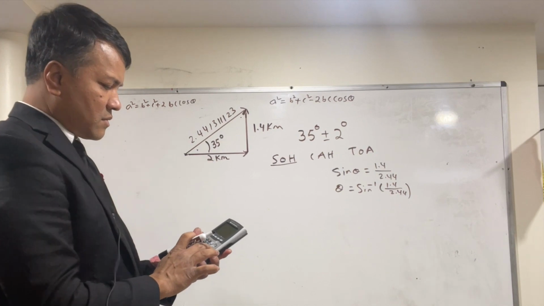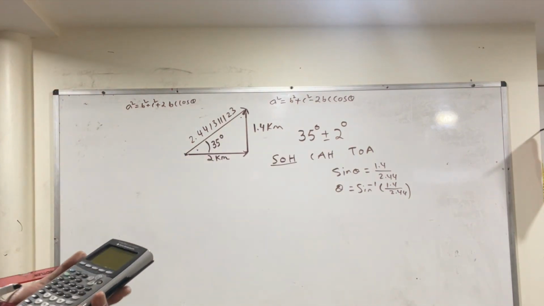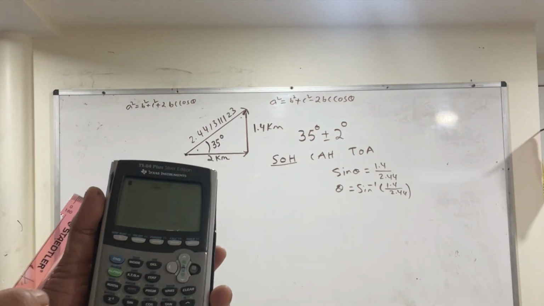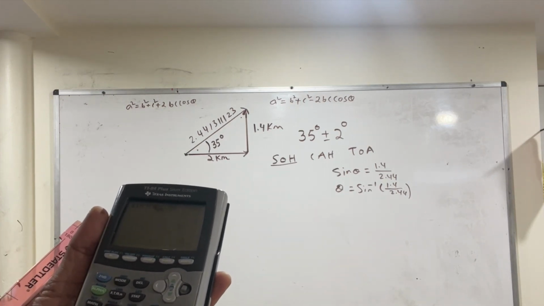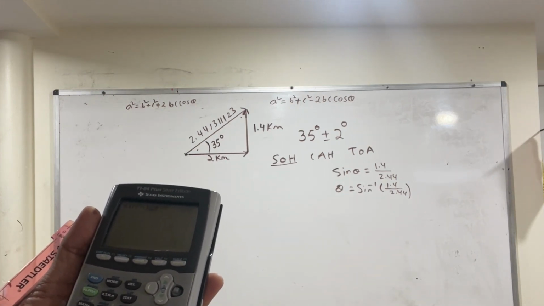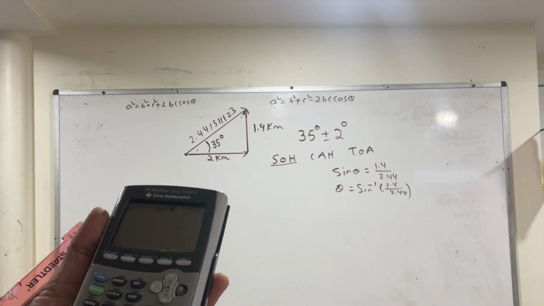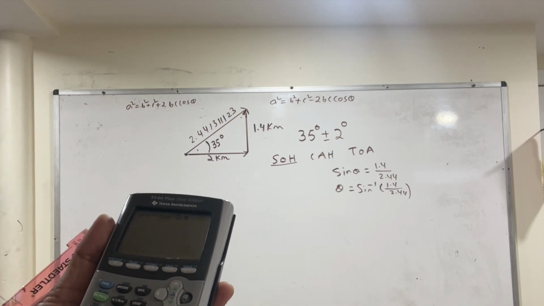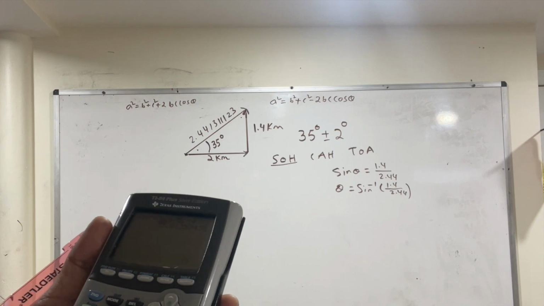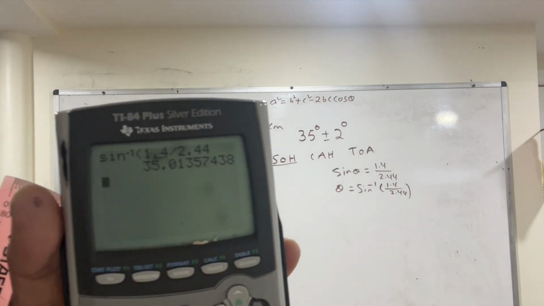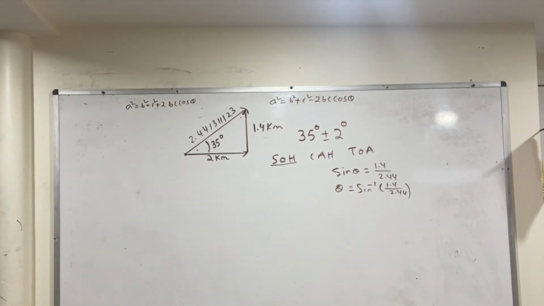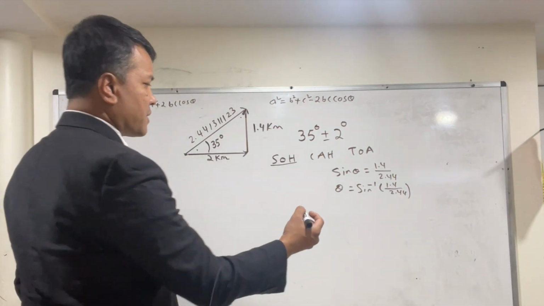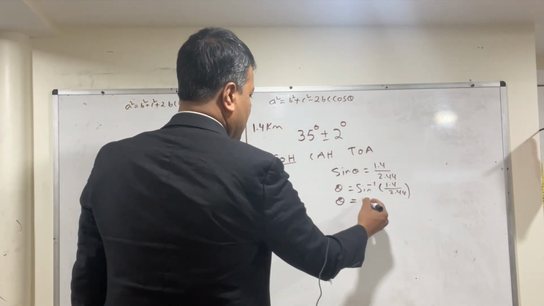I come over here and write second sine 1.4 divided by 2.44. I hit enter and I see exactly 35 degrees. So there is no error to this one. So my answer would be of course 35 degrees.